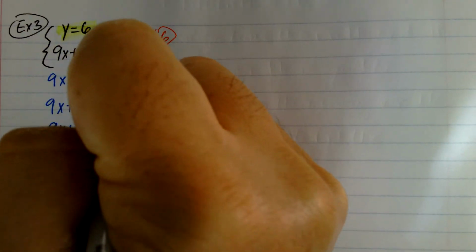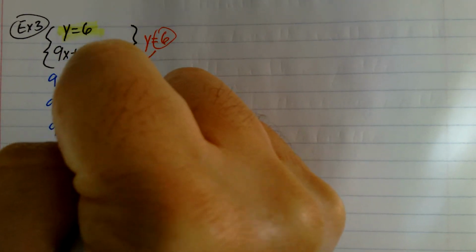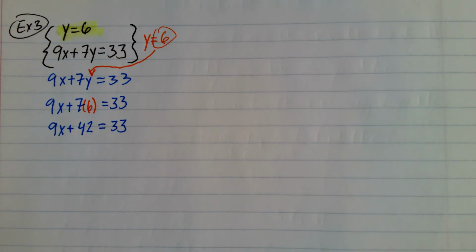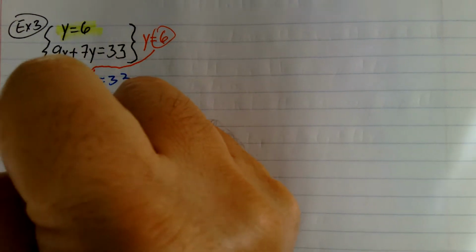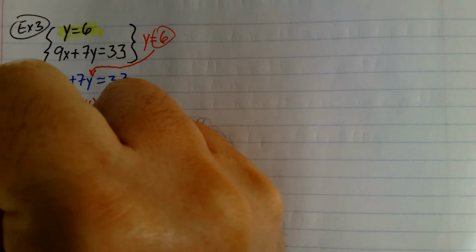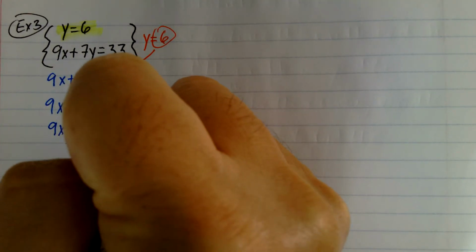9x stays the same, plus 7 times 6, well, that's 42, equals 33. Okay, just solving it. It's a two-step equation now, guys. It's a two-step equation. I know how to solve those.